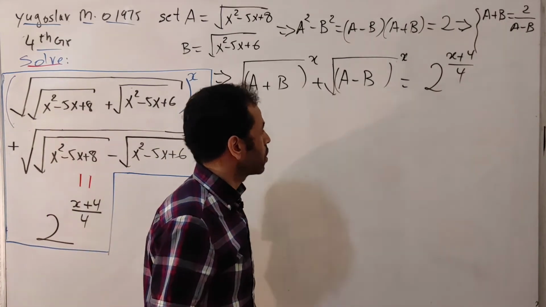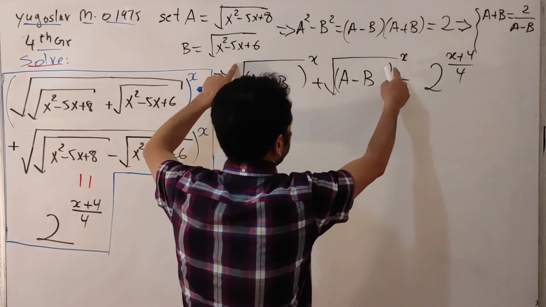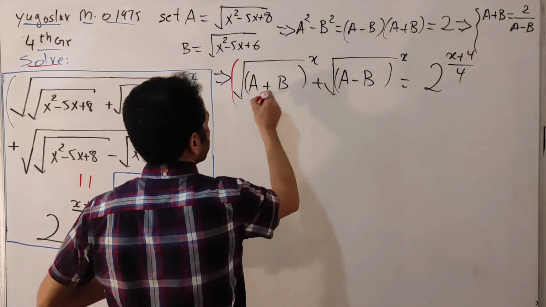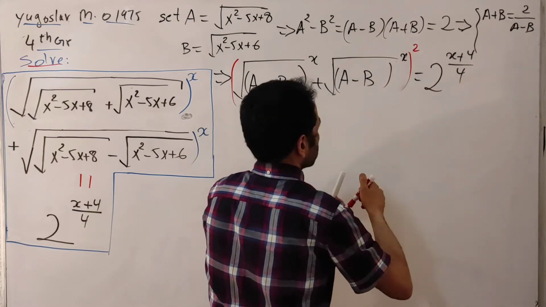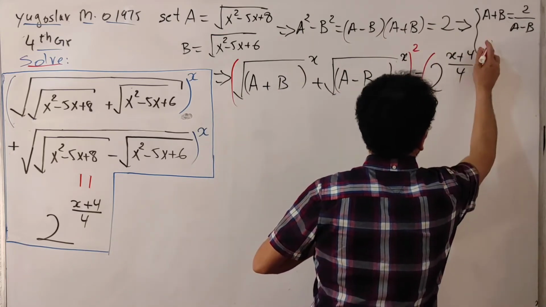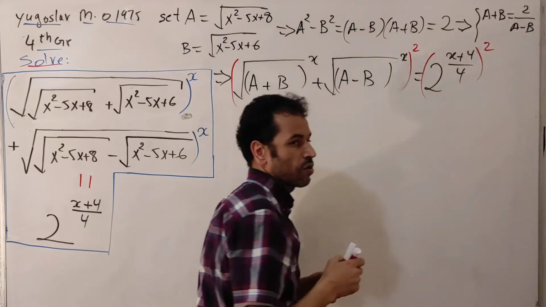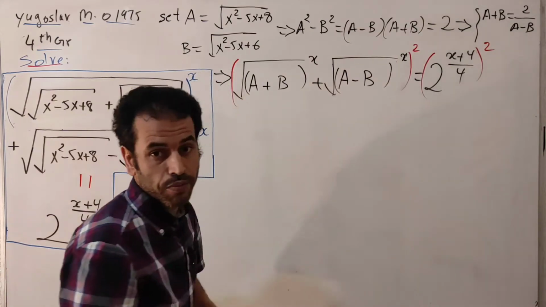Okay, then the next thing that I'm trying to do now, I'm going to raise number 2 as a power on both sides of this equation. As I'm raising the power of 2 on the left hand side of this equation, I'm going to raise the power of 2 on the right hand side as well. The next thing, I'm going to distribute this expression.